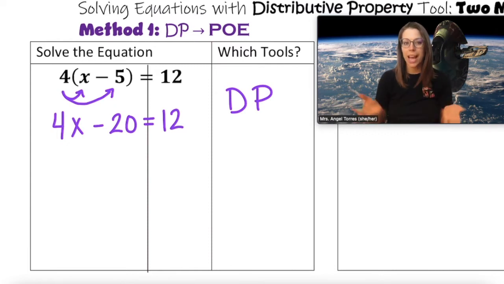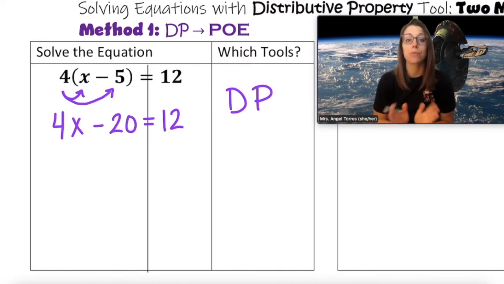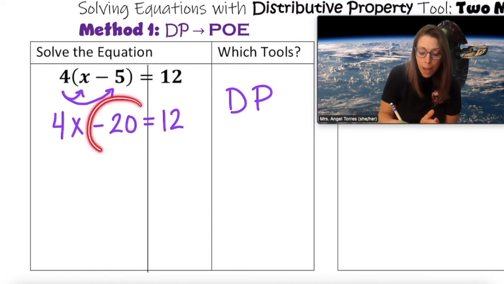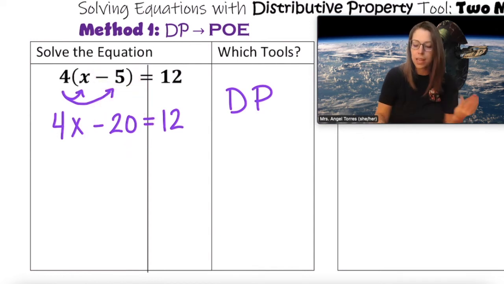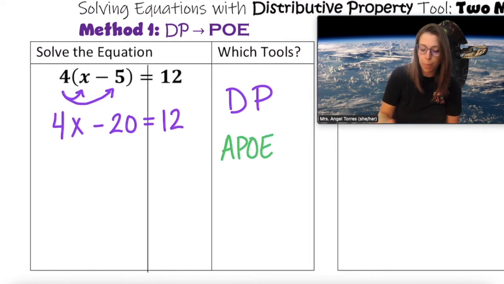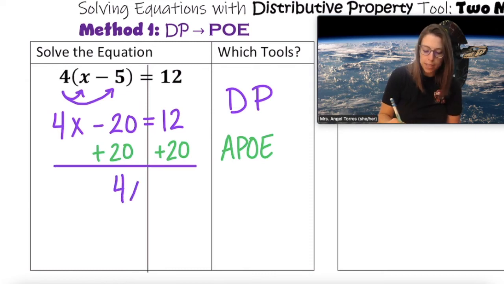Now, essentially, I have a basic 2-step equation, and my constant is free, though it has become a minus 20, whereas before it was a minus 5. Either way, I know that I can apply APO, addition property of equality, to make my 0 term. If I add 20 to both sides, my new equation is 4x equals 32.